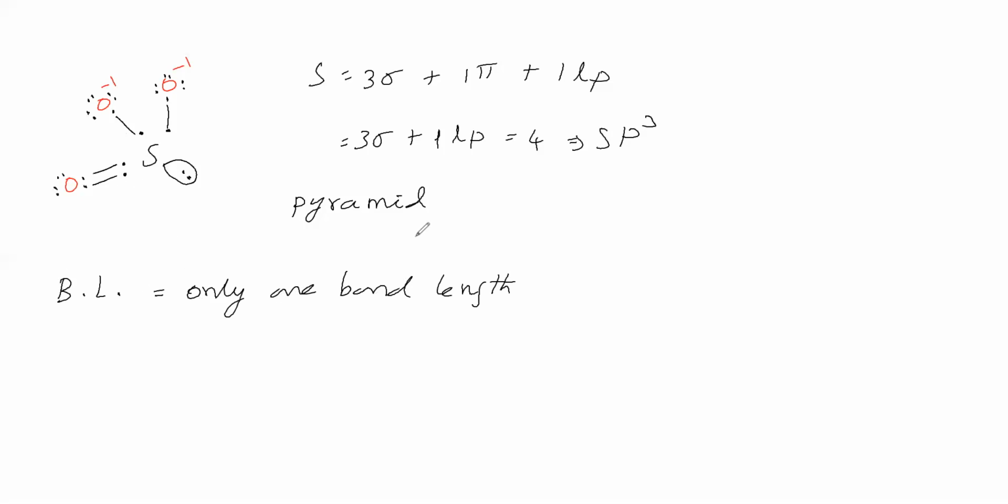Therefore, in the valency bond theory, another concept is introduced. That concept is called resonance. Resonance is the concept introduced in the valency bond theory in order to explain some more experimental facts.